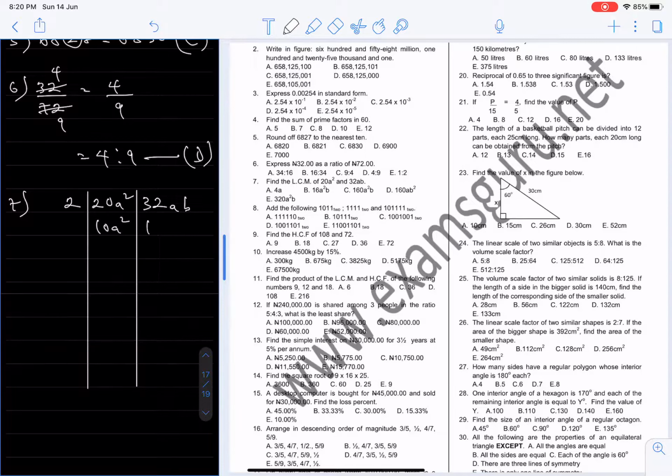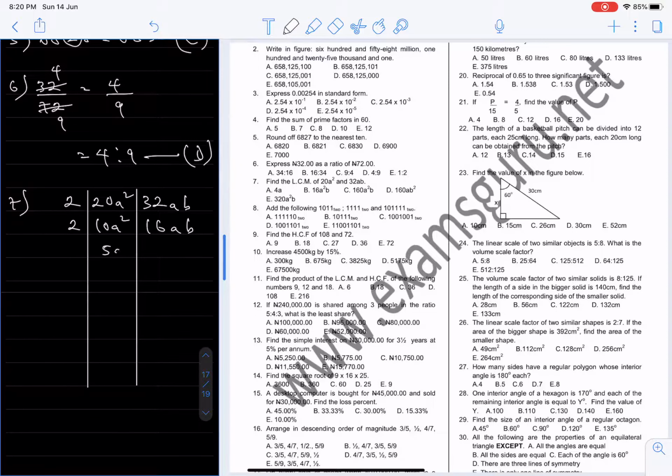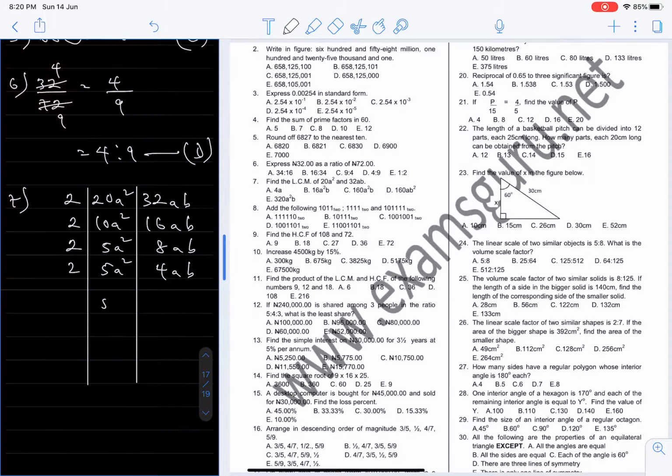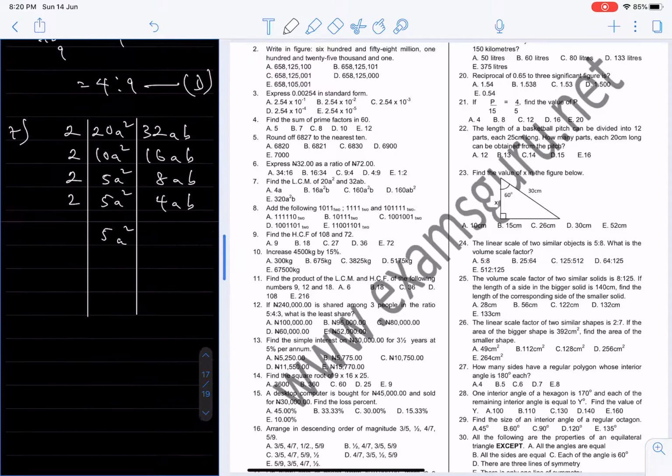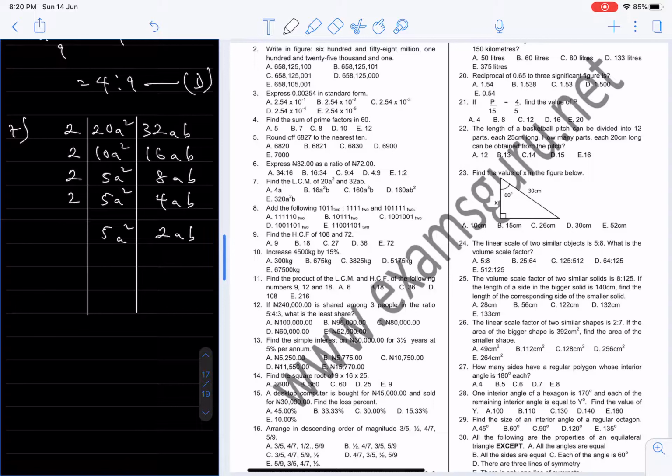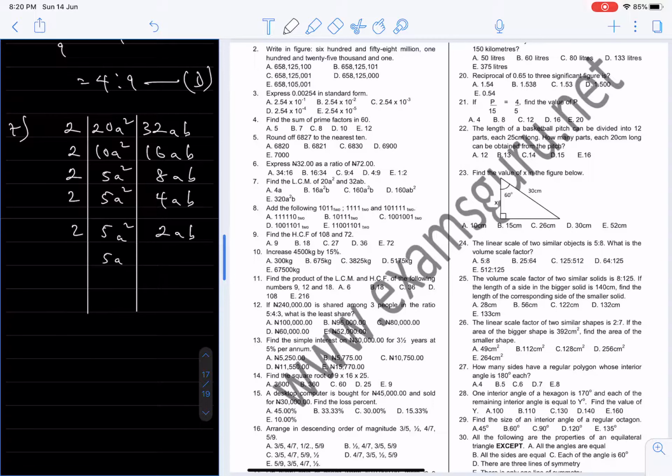That's 10a squared, 16ab. 2 again, that's 5a squared, 8ab. The next one, 2 can still divide at least one of them. That's 5a squared and 4ab. 2 is still 5a squared and 2ab. 2, 5a squared and ab.